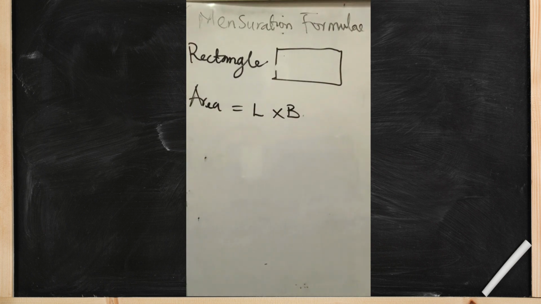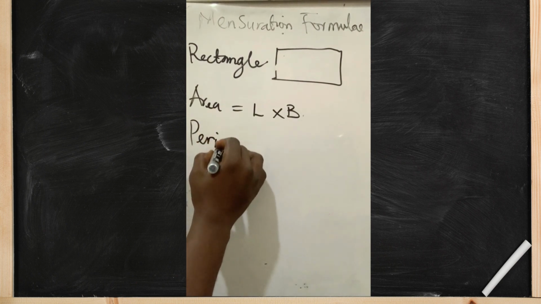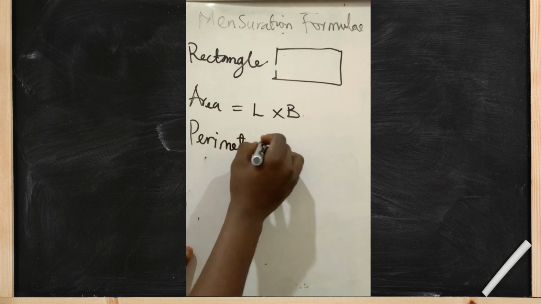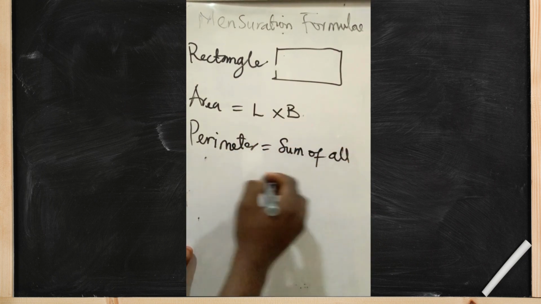When you now talk about the perimeter, as I've told you, perimeter of any shape is sum of all sides.